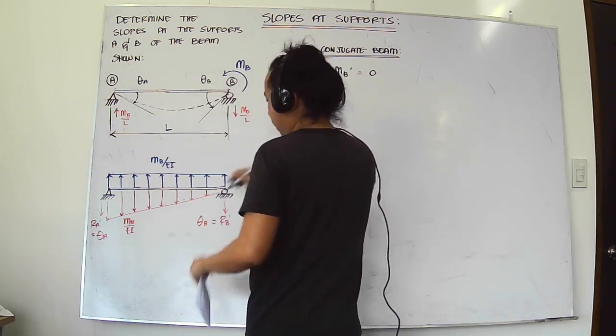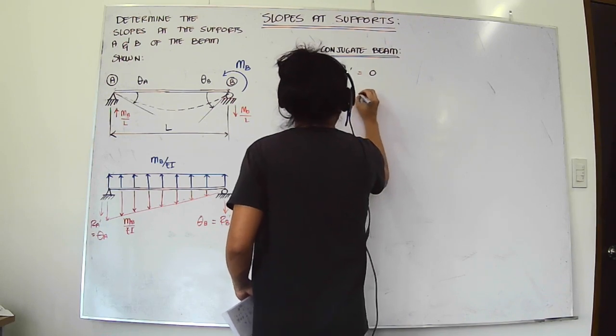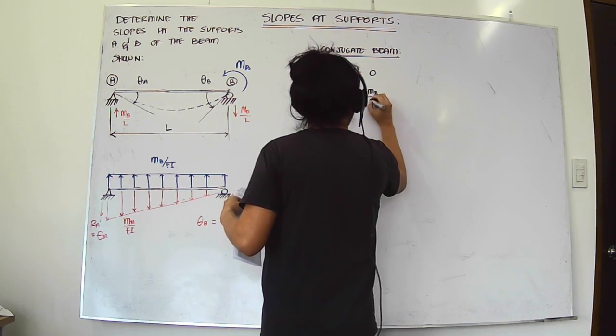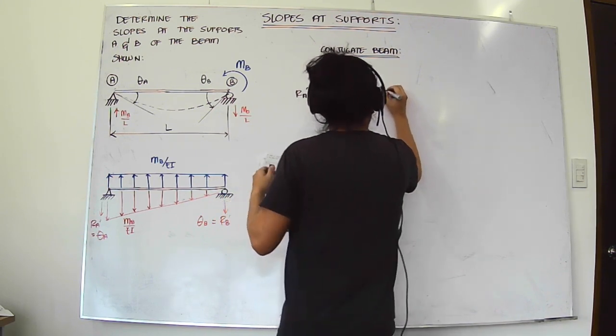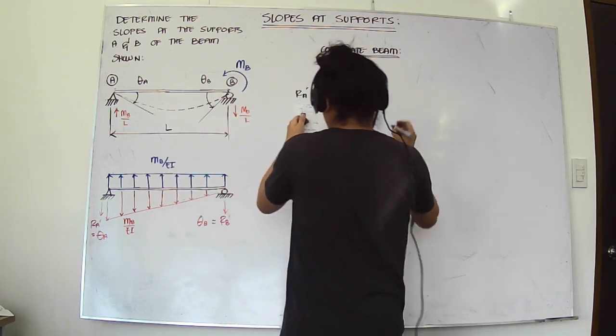What is the area? Area is equal to 1/2 times base times height. Height is equal to MB over EI, okay? Multiplied by the moment arm, which is 2/3 of the length.